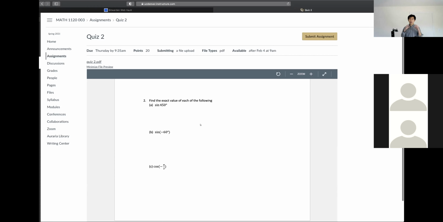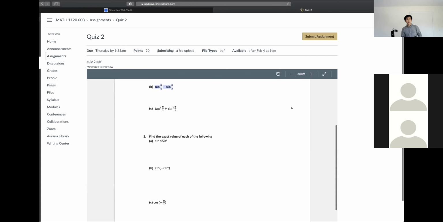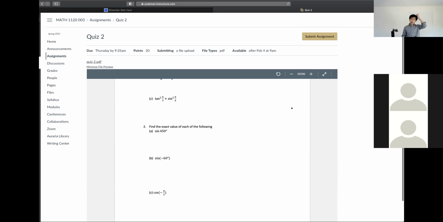Oh my god, I thought it was 2 pi over 3. Please do not disclose your answer. I thought that c was tan 2 pi over 3 plus sine 2 pi over 6.